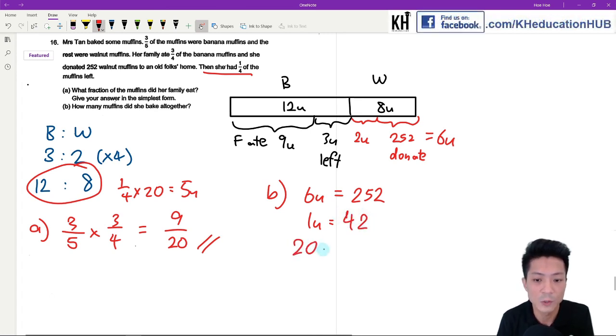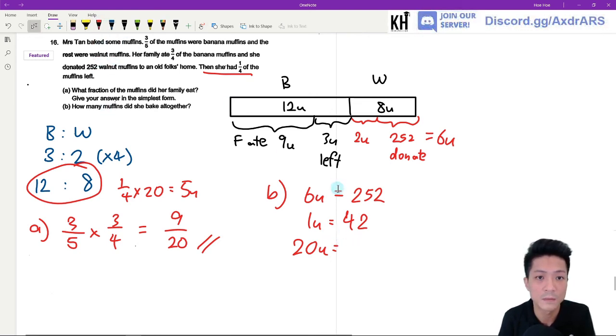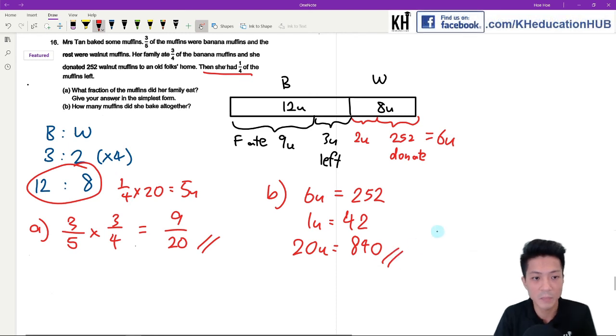And we can find what is 20 units. 840 altogether. Okay, so this is the answer for part B.